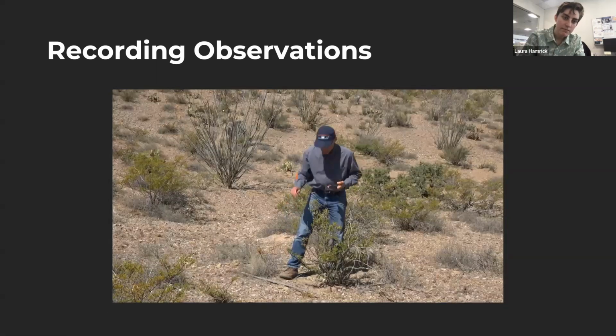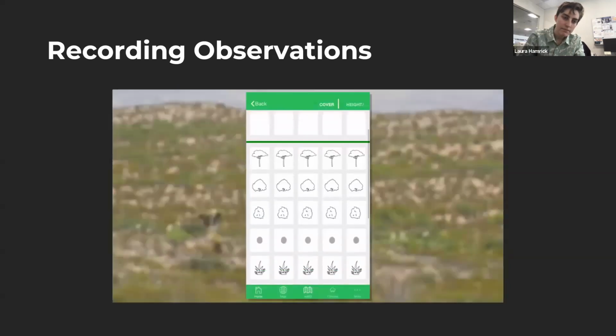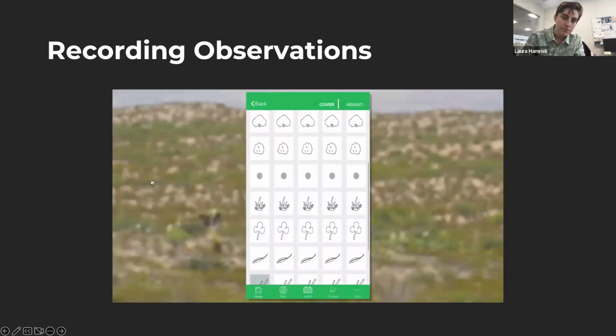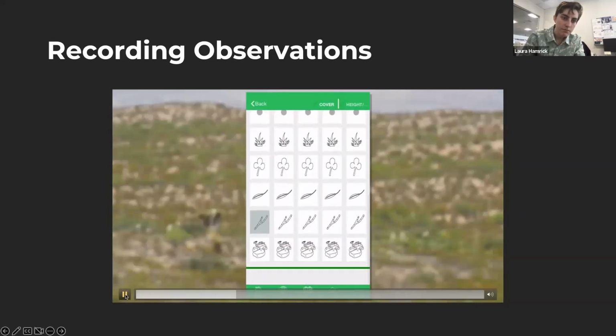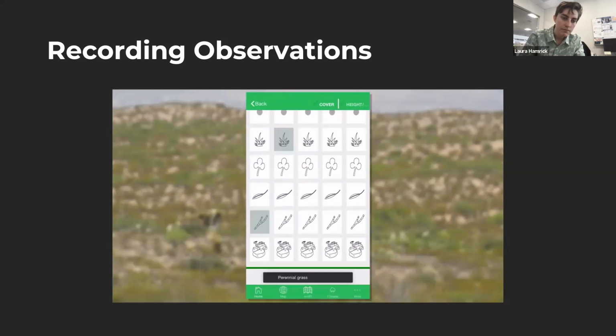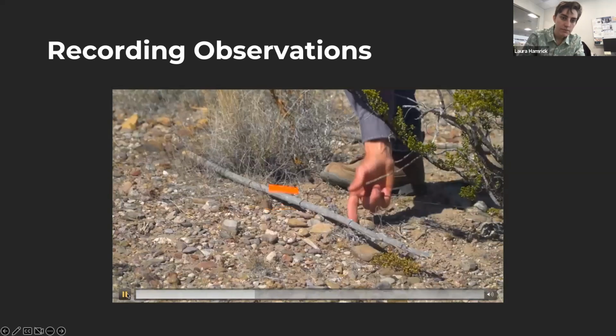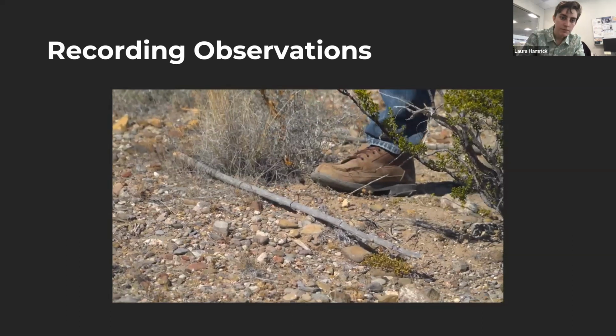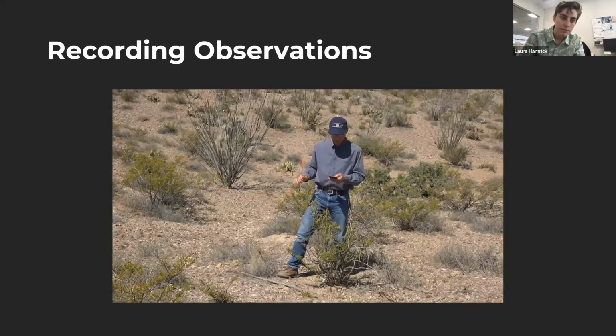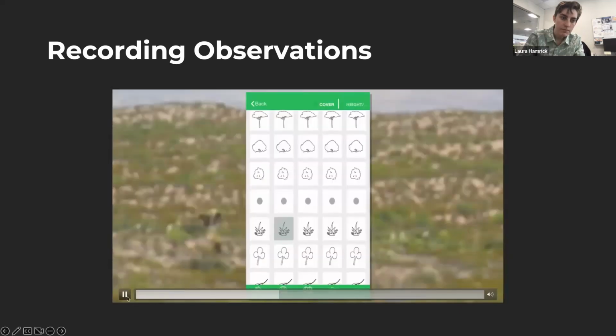This happens to be a perennial grass. It is not alive, but it is still rooted. So we are going to record it because it is still persistent on the plot. It's protecting the plot. I then look underneath that perennial grass, and what I find is that I've actually hit the base of that grass, and that's also very important. So we go ahead and re-record plant base at that same mark.